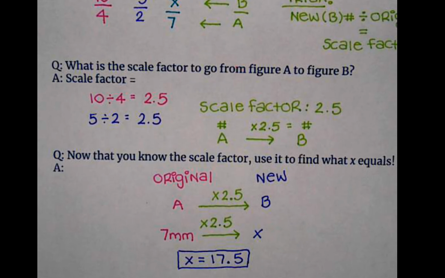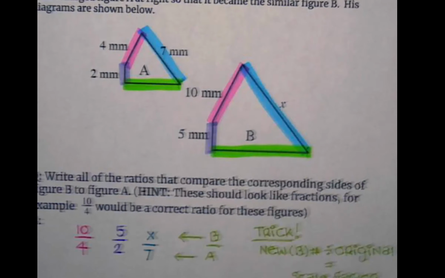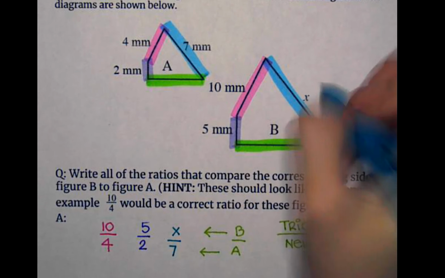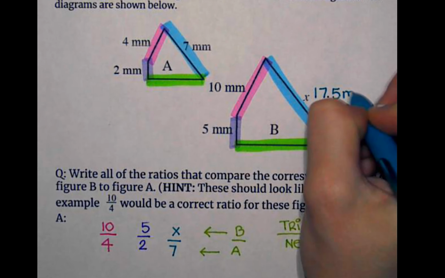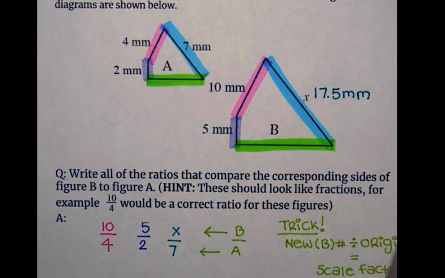And what I like to do personally, you don't have to do this, it's just something I like doing, is we're going to go back to our picture of these two shapes. And because I just found out that x equals 17.5, I'm going to write it here. This right here, guys, I know I didn't write it below, but this is very important to me, and I stress it in every lesson. I don't want any naked numbers.